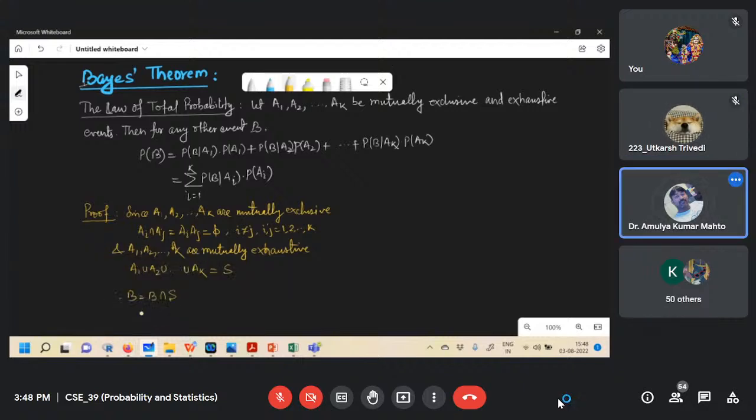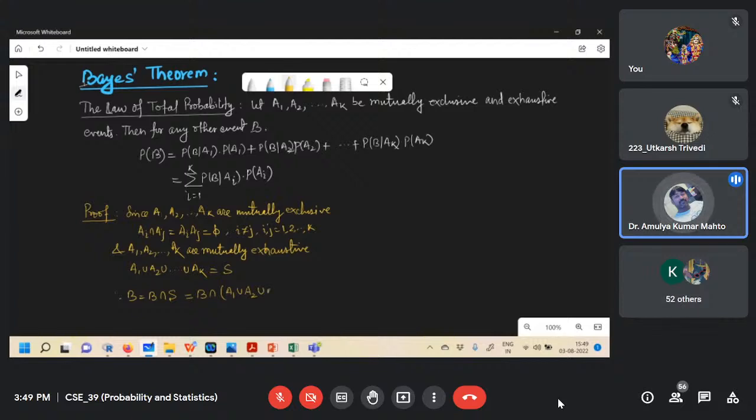So what you can do, you can write it as B, and then in place of S, can you write all of these, A1 union A2 union A3 union AK? Actually, you can use plus also.